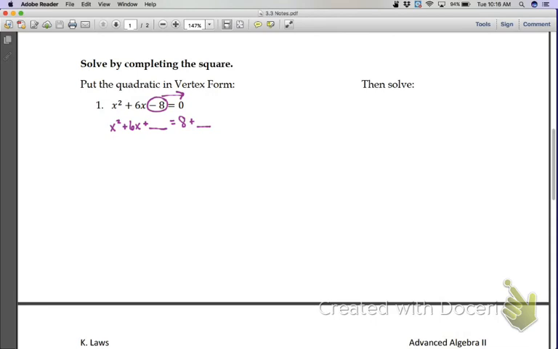All I'm going to do, and do not overcomplicate this, is take whatever this value is right here, divide it by 2, and square it. So, positive 6 divided by 2 and square it. What?